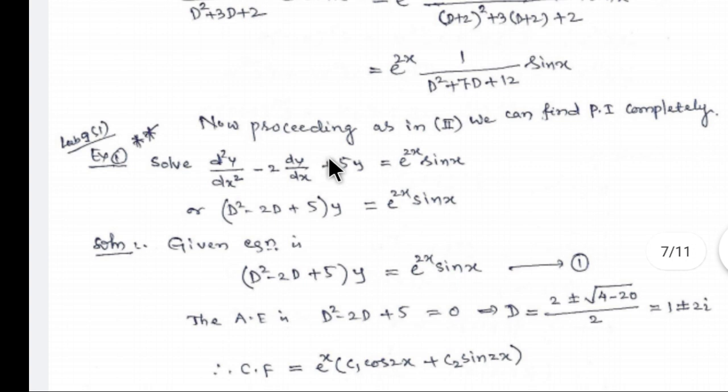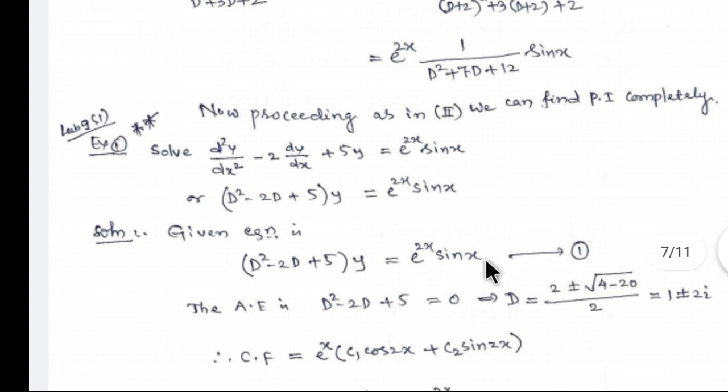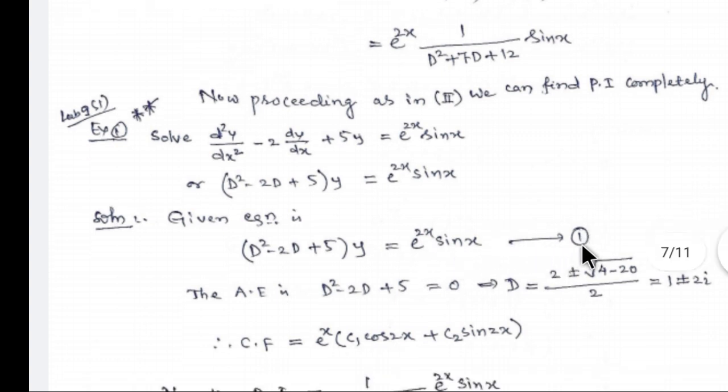Either it may be given in this form or this form. If it is not given in this form, you can write it in the symbolic form. Solution: the given equation, you write down once again, D square minus 2D plus 5 into y equal to e raised to 2x into sin x. This you call as equation number 1.